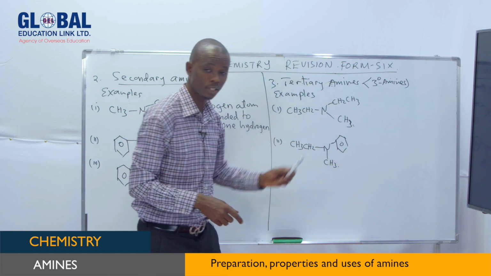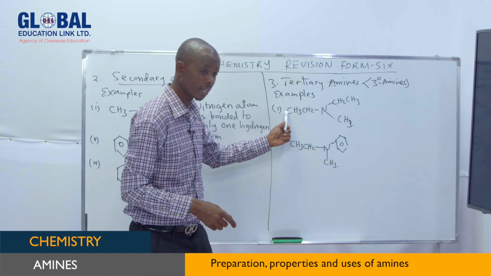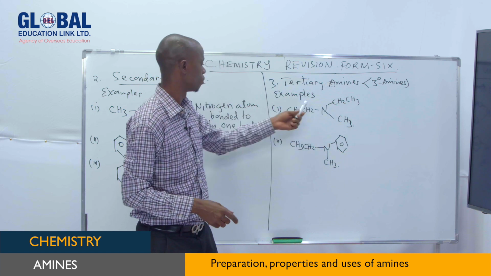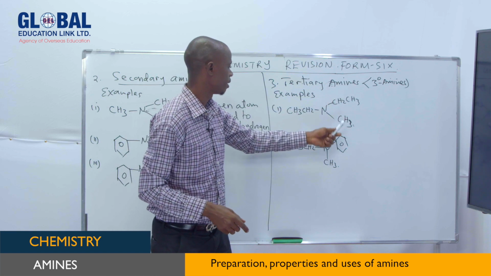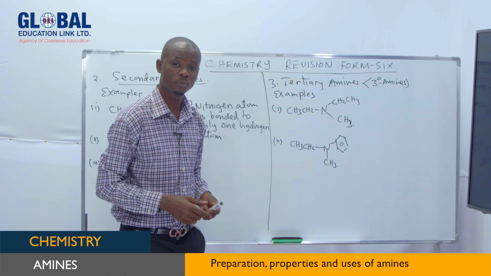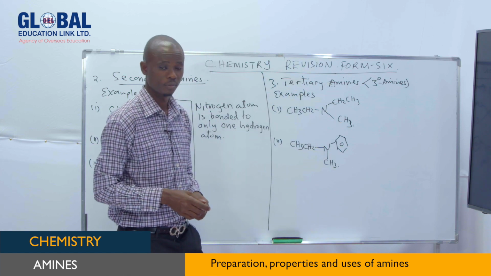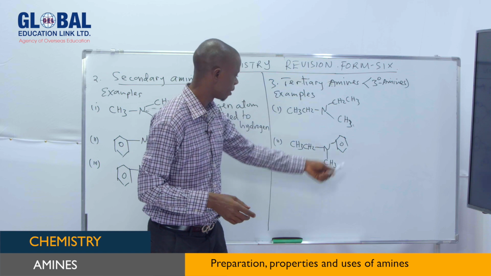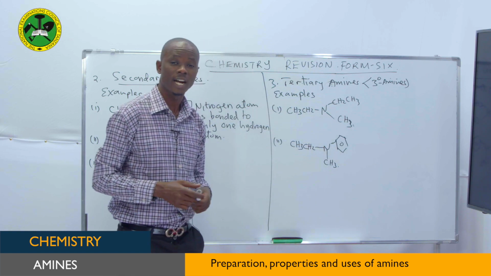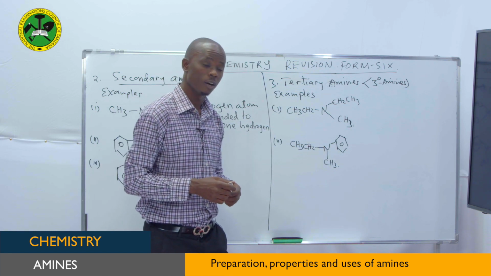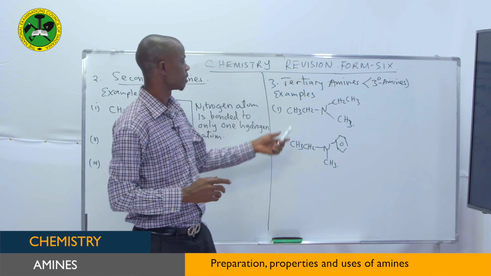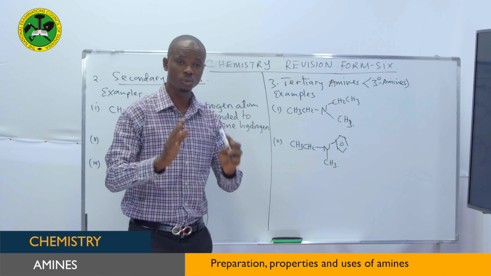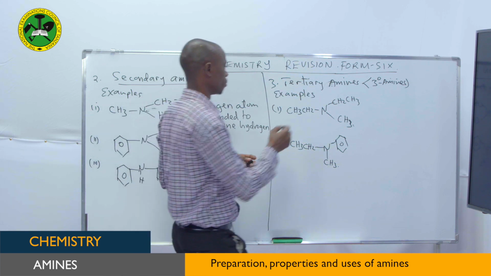Just look, the nitrogen atom is bonded, for example in the first example, to 3 alkyl groups. The first one, the second one, the third one. Can you see a hydrogen atom there? No, there is no hydrogen atom. Also in this case, one alkyl group, another one, and we have the aryl group. There is no hydrogen atom. So we can say in a general way that for tertiary amines, there is no hydrogen atom bonded to the nitrogen atom.